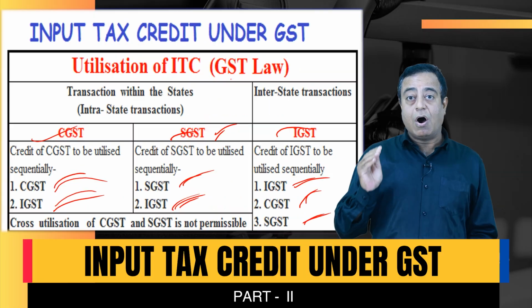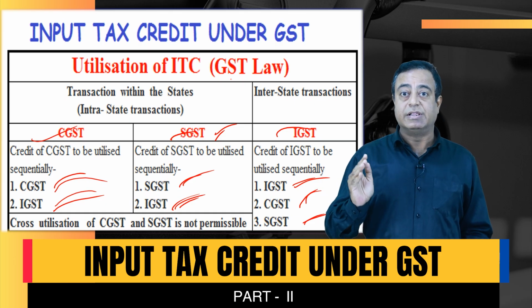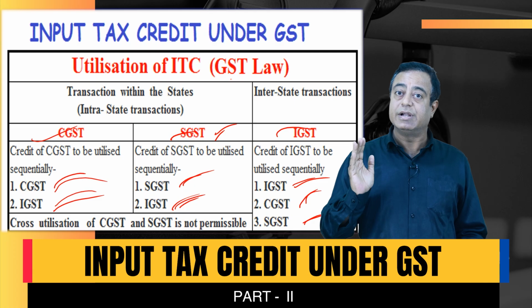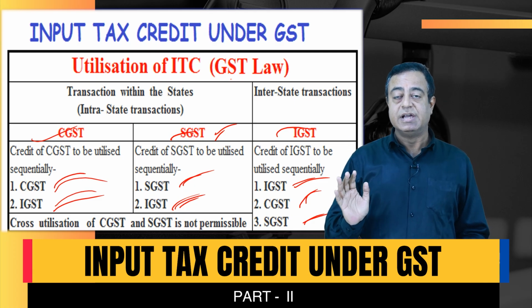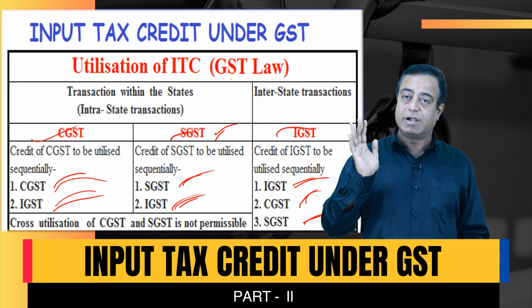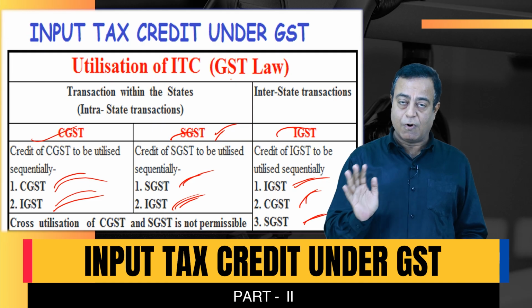Remember, in all these three GST ITC utilizations, the utilization order is very important. CGST, SGST and IGST adjustment is possible only in this manner. Any other order or sequence cannot be followed.